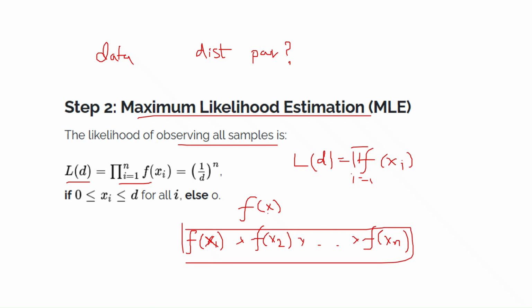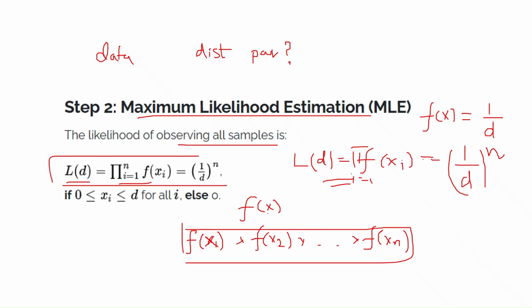And this would give us this likelihood function over here. Now, f of x, the PDF we saw for a uniform distribution between 0 and d, is given by 1 over d. So the product of 1 over d n times becomes 1 over d to the power n. So L of d, which is the likelihood function, becomes 1 over d to the power n.